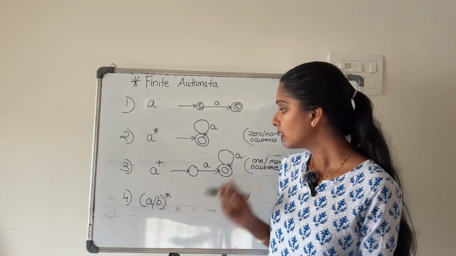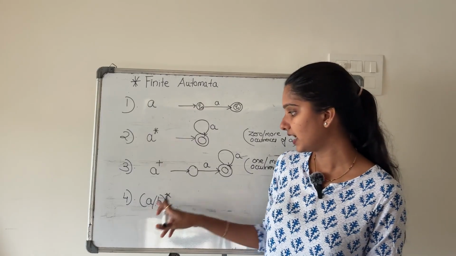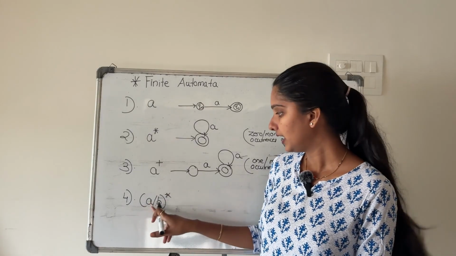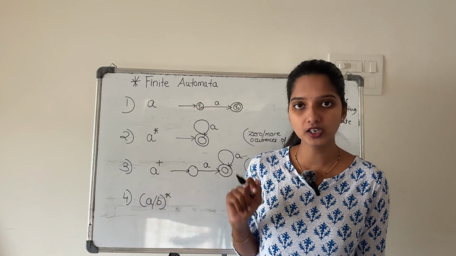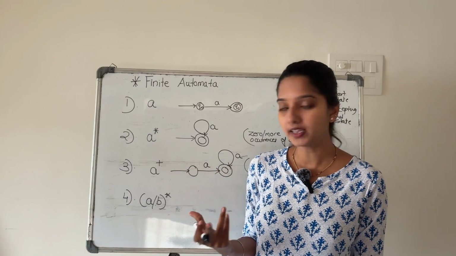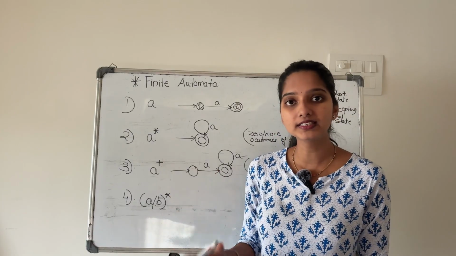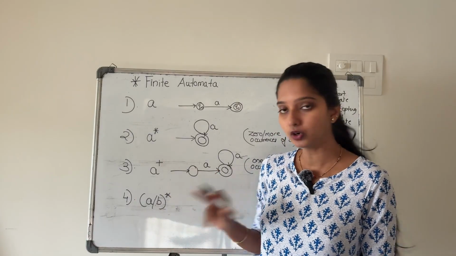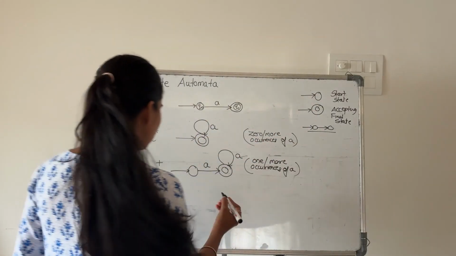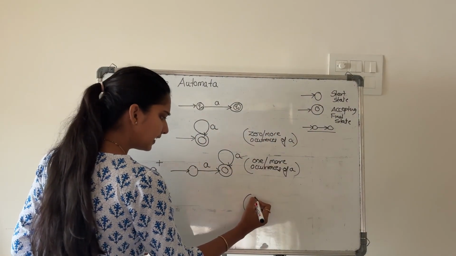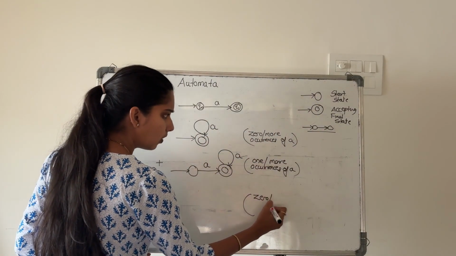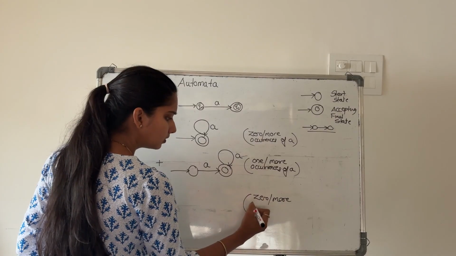Now coming to the last one, which is A or B, and a closure is there. A or B means again 0 or more occurrences of A or B, but here two characters are given.